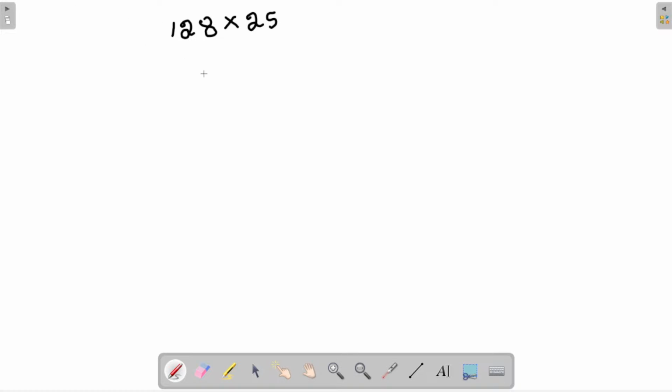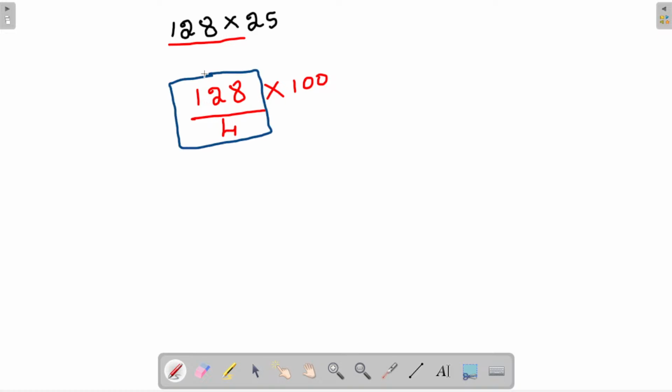Can I write this as 128 divided by 4 into 100? I can write it like this also, and you get the same answer. Any number multiplied by 25 means first I do division by 4, then multiply by 100.